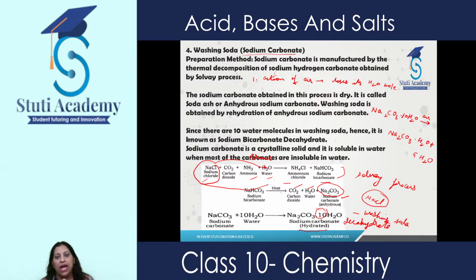So this kind of reaction takes place if washing soda is exposed to air. It is an extremely important reaction. What is the action of air on washing soda? It loses its water molecules and converts into this form. It loses its 9 molecules.